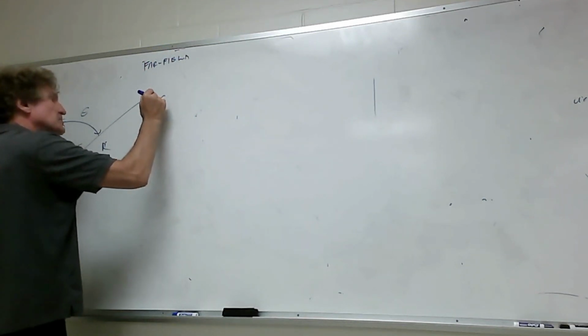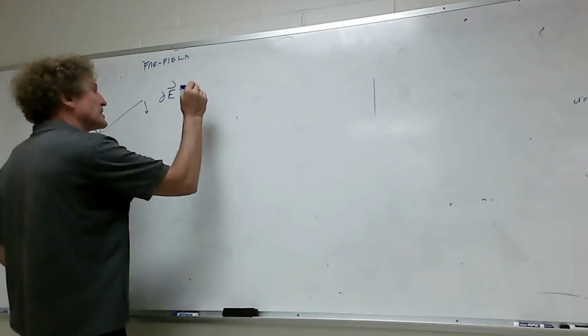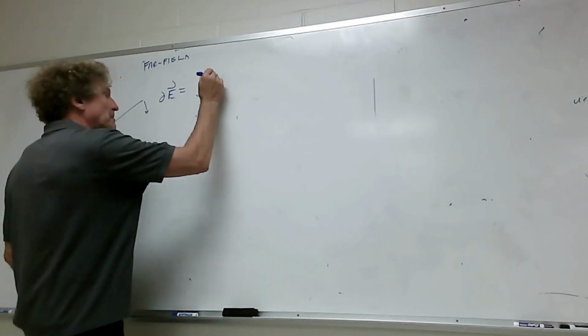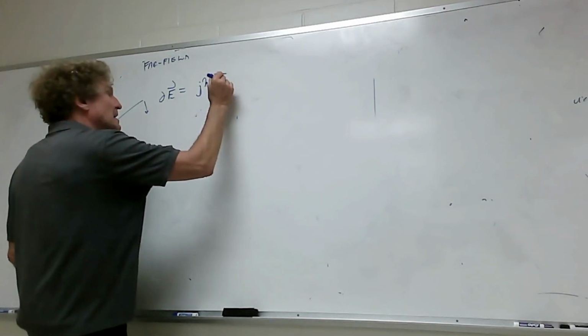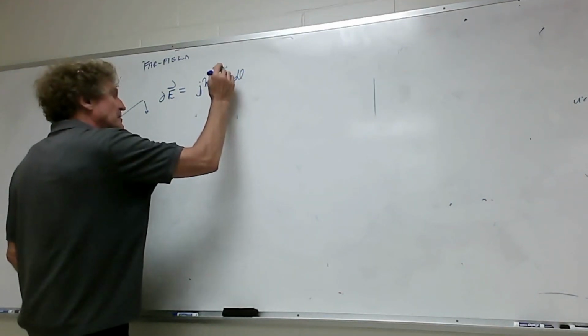It gives rise to a differential electric field out here in the far field of exactly the same type: j eta beta I, but now it would be dl, and this would be I, and it will be a function of position.